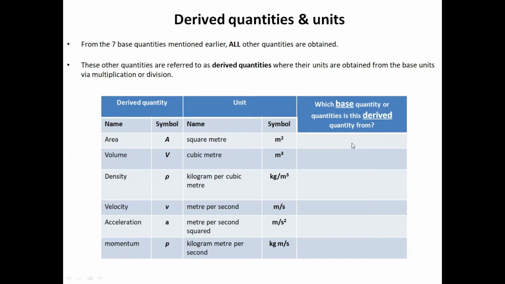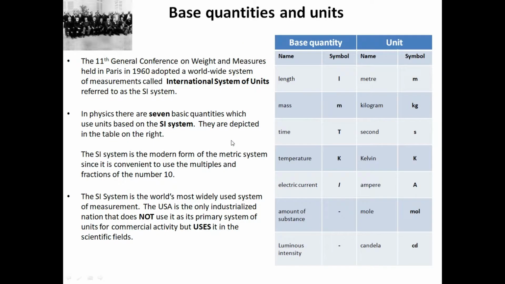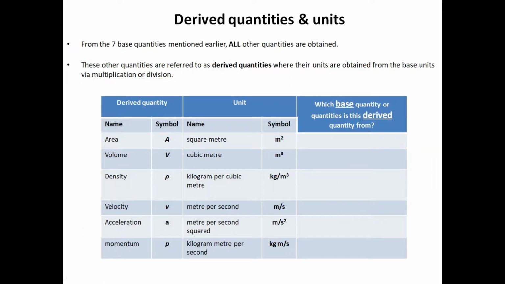And I have this section empty, and I would ask the children, which base quantity or quantities is this derived from? And you could just look at this and see meters. If you go backwards, you will see meters belong to mass. So therefore, area is taken from the base quantity mass.